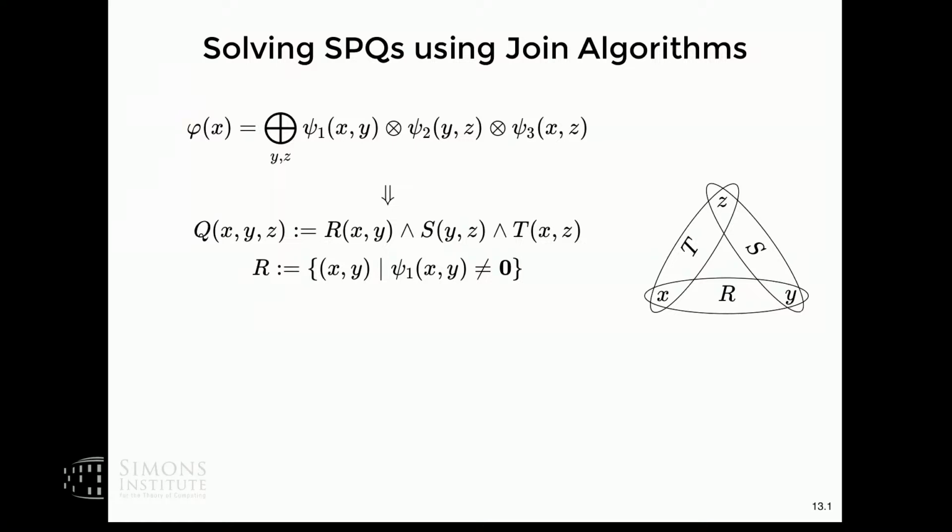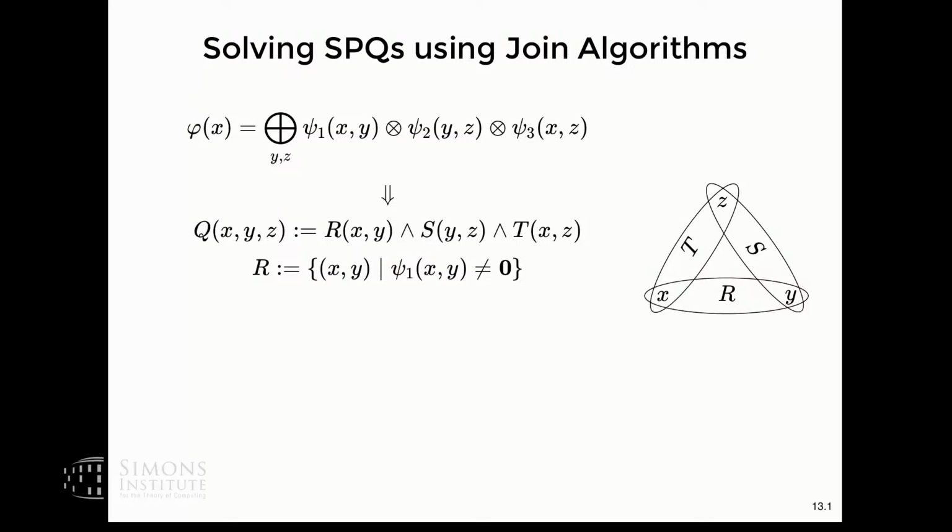R is basically the set of tuples xy for which psi1 xy is not 0. And by 0 here, I mean the additive identity of the semi-ring. And how does that exactly work? So for any tuple xyz that does not satisfy this conjunction, it basically means that it does not satisfy at least one of these 3 atoms, which basically means one of these psi's is going to be 0, which basically means this product is going to be 0.